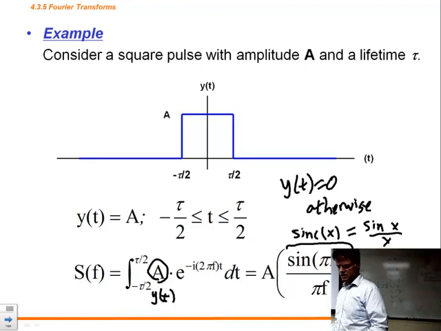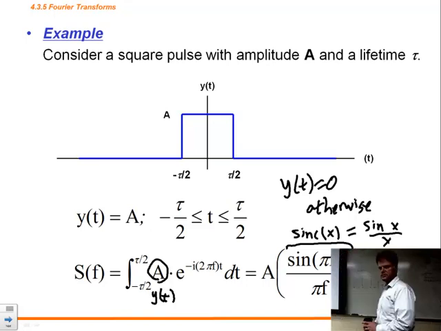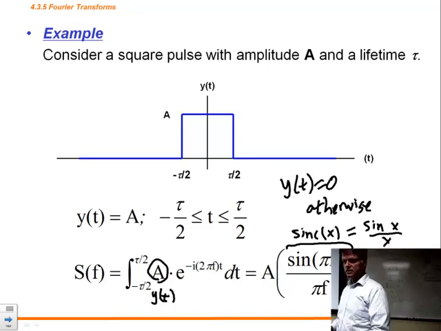So this is some constant times the sinc function. I think I might be missing a pi in here somewhere. Someone wants to look it up? That's fine. I think it should be pi x. Pi x in the denominator? In both. In both? Sine of pi x divided by pi x.